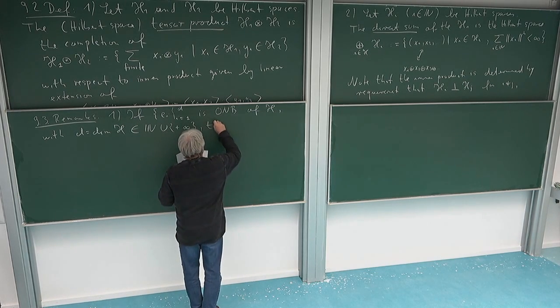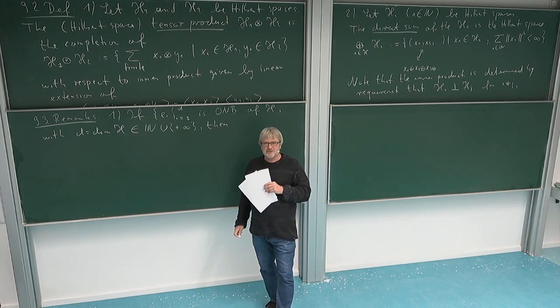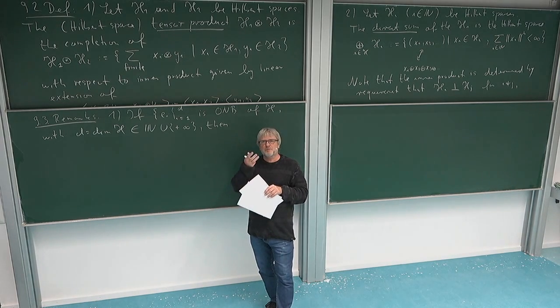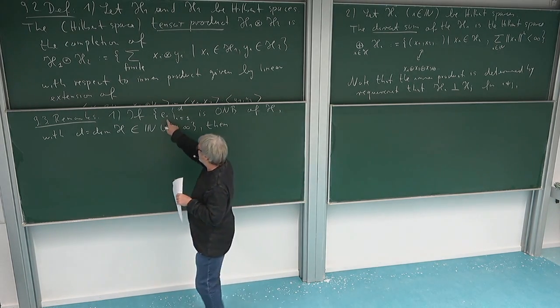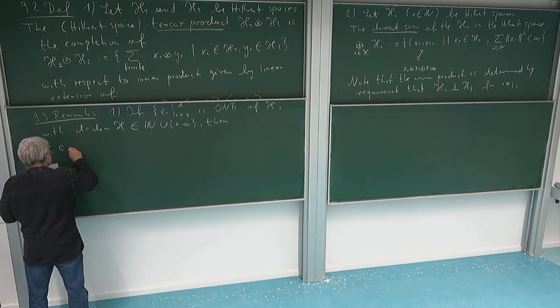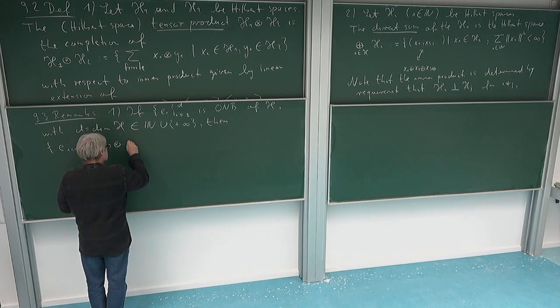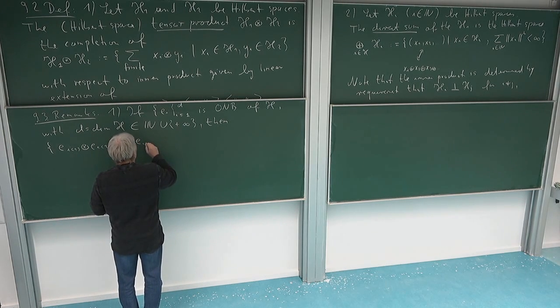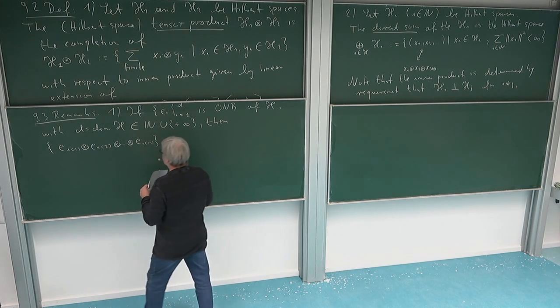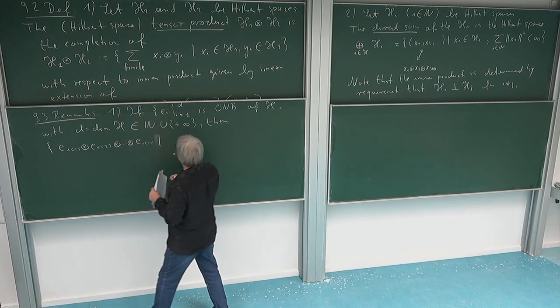And then I'm claiming that we can also write down an orthonormal basis of H to the power n, and this is just given by taking all possible tensor combinations between elements from here. So I'm taking just e_i1 tensor e_i2 tensor and so on up to tensor e_in. If I want to look at the Hilbert space to the power n, I need n of them, where of course the i's are running over all possibilities.